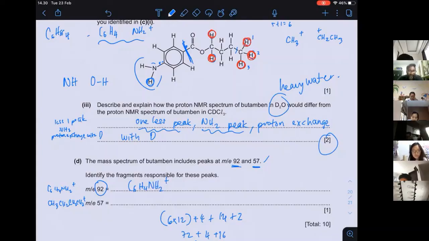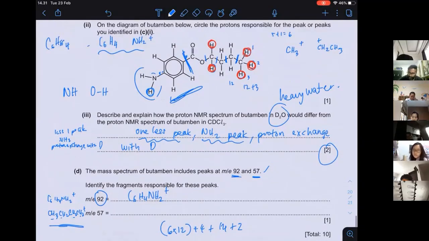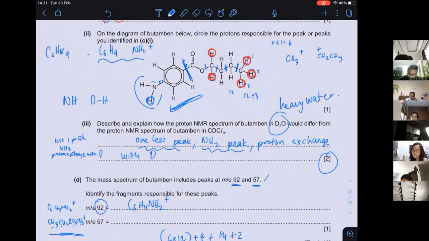Then 57. Of course, it has nothing to do with this, because 57 is supposed to be smaller. So it must be something related to either here, here, here, or here. You need to count. CH3 is 12 plus 3, 15, then 15 plus 12, so you keep on doing that. I think it ended at 1, 2, 3, 4, from here to here.